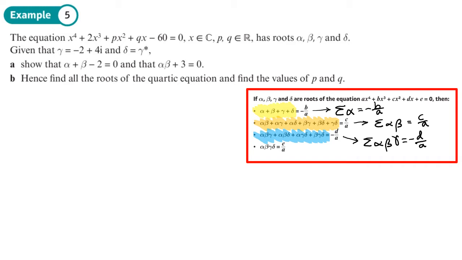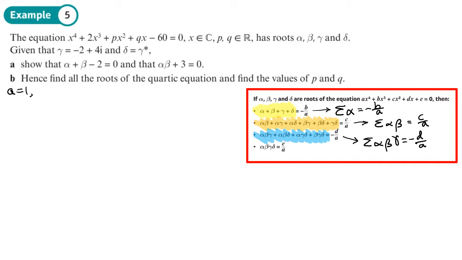So this question here, we've got a quartic equation where we actually have a couple of roots which are complex roots, and they're conjugates, and we've got a couple of expressions we need to prove. The first thing that we need to do is write down the values of the coefficients.